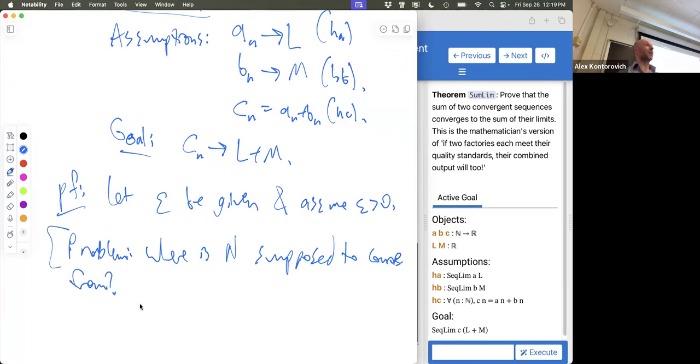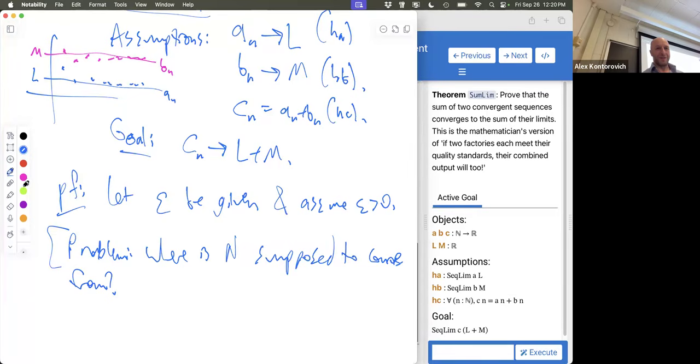Jeffrey: it comes from the values for an. Right. So let's think about this. We have an. An is doing something. It's getting closer and closer to L. And then we have bn. And bn is doing something else. And it's getting closer and closer to M. And then we have the sum of these two.